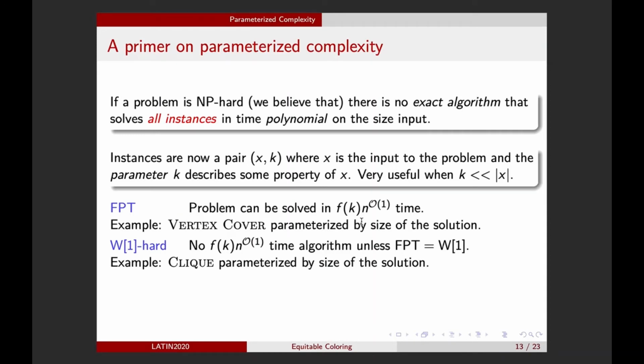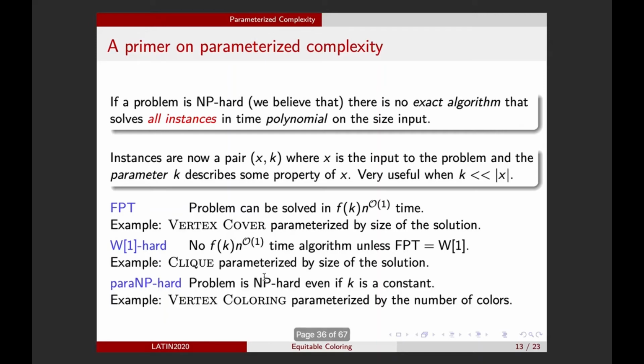There are some problems where we just cannot find these algorithms unless some really strange things happen in the complexity landscape. And there are some W1-hard problems, as they are known, that cannot be solved in f of k times n to a constant. And the best example is clique, parameterized by the size of the solution.